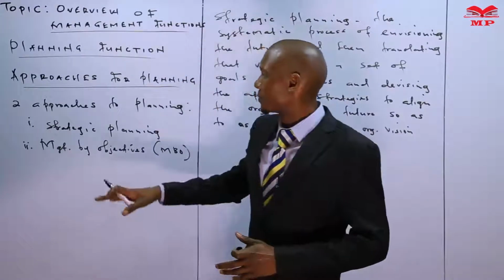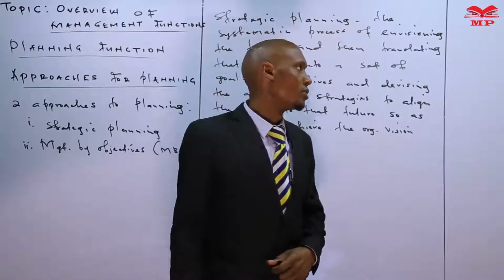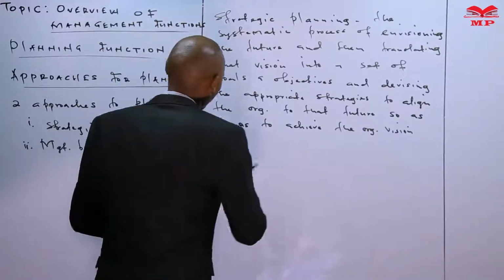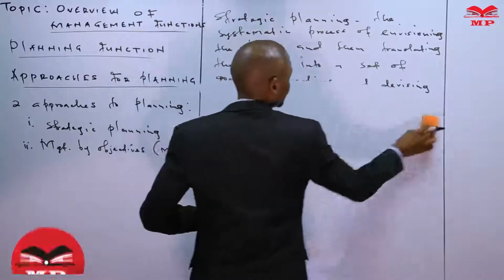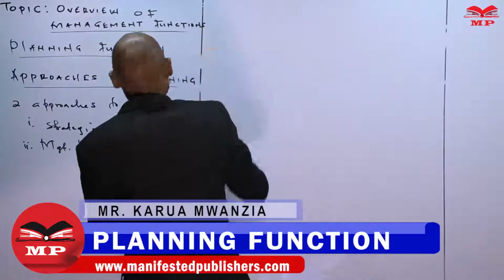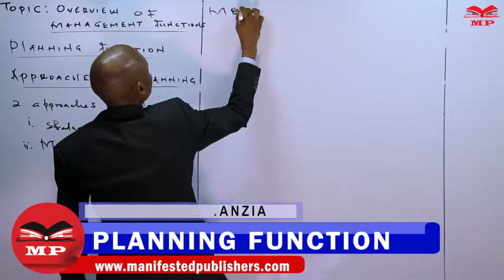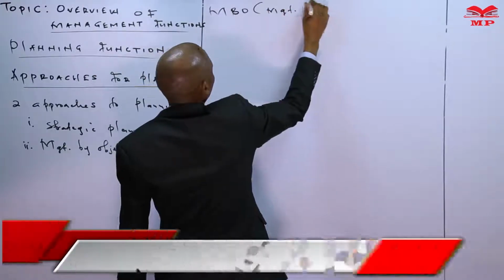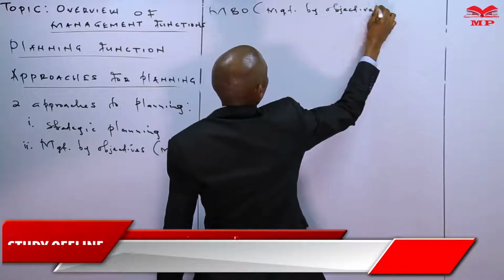Our second planning approach is management by objectives, also known as MBO or management by results. So MBO, which we're describing as management by objectives or results.